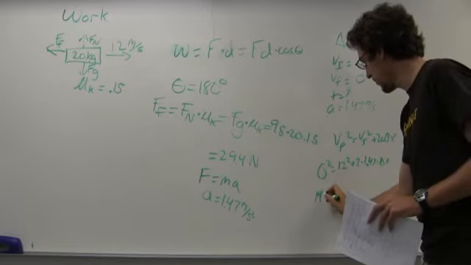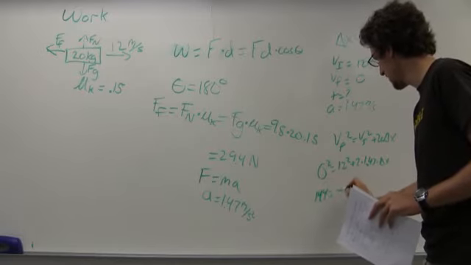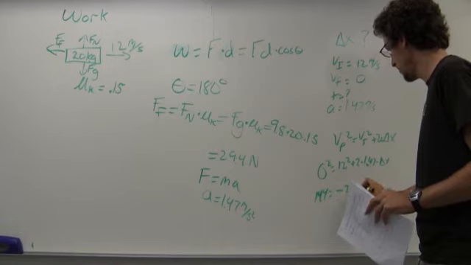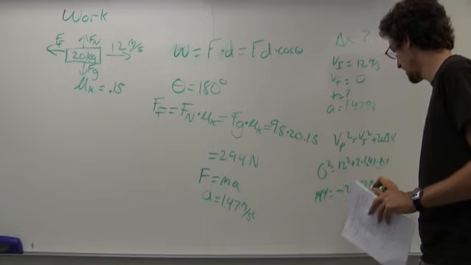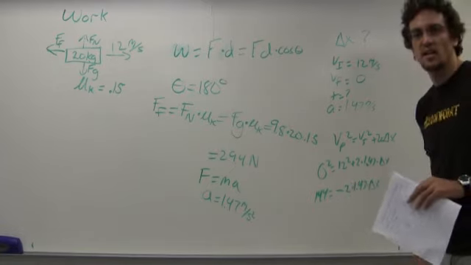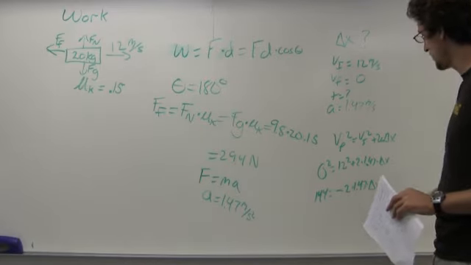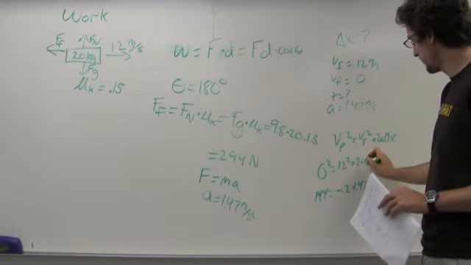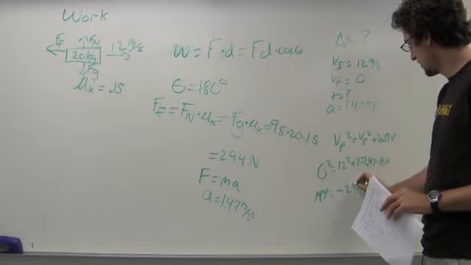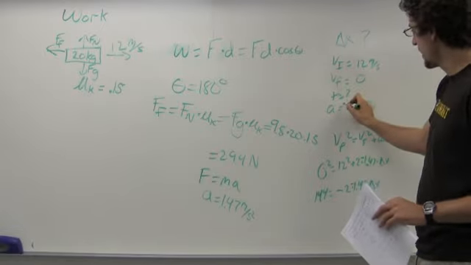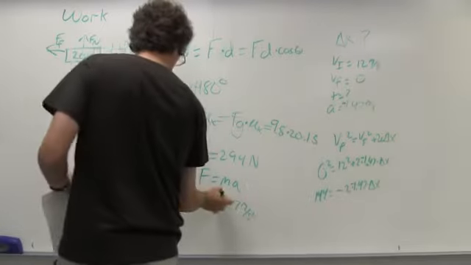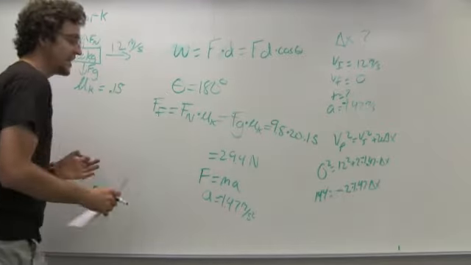We get 144 is equal to negative 2 times 1.47 times delta x. Now you can see here I made a slight mistake. I left out a negative sign for our acceleration. Why does our acceleration have to be negative? The answer is that it doesn't.